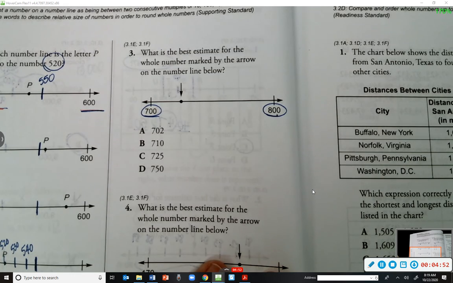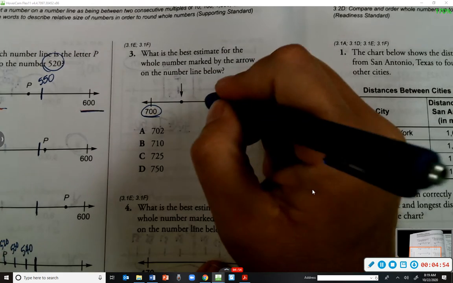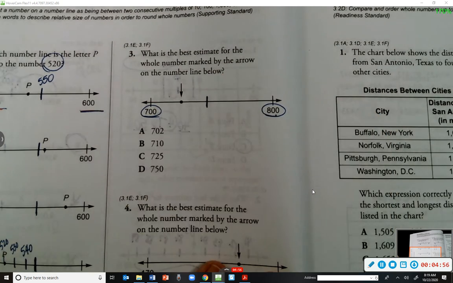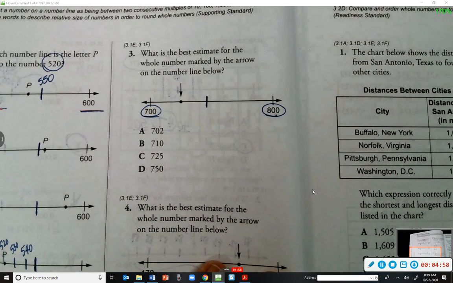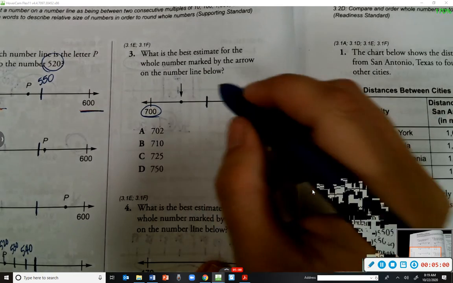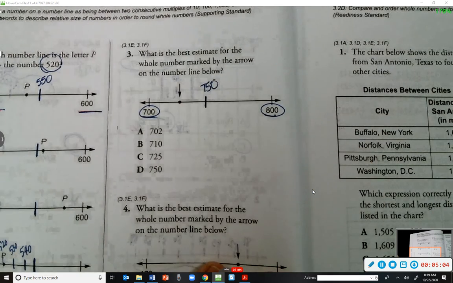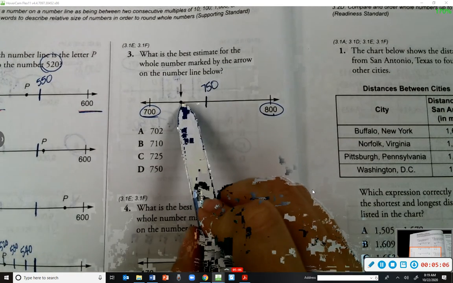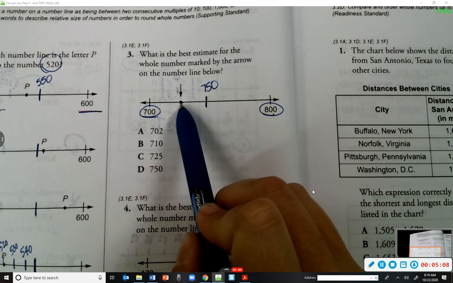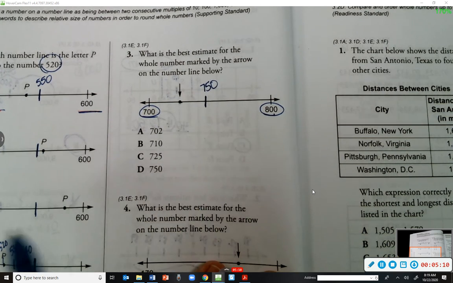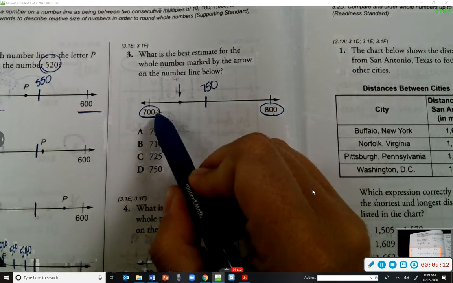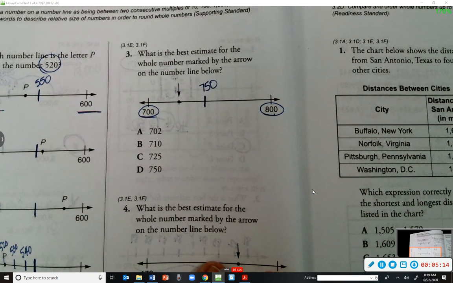What are they skipping by? 100. So what goes in the middle? 750. Okay, so now I know this dot has to be smaller than 750, but greater than 700.